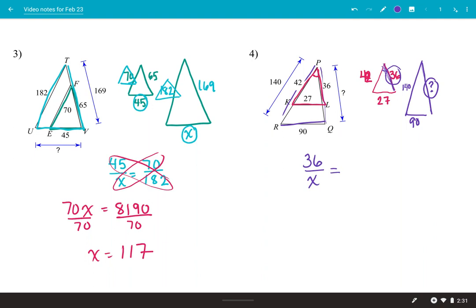I'm just going to go ahead and pick the small side, but it doesn't matter. And if you recognize the top numbers, those are both from the same triangle, and the bottom numbers are from the same triangle. They have to be that way. All right, and then you're going to solve this.